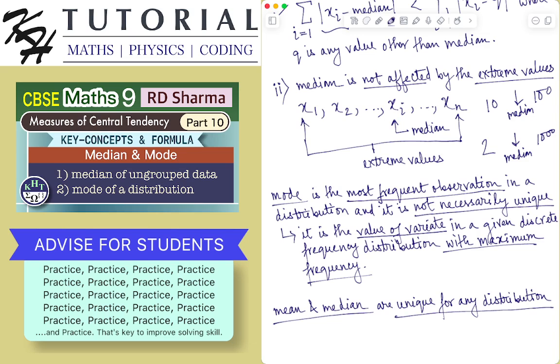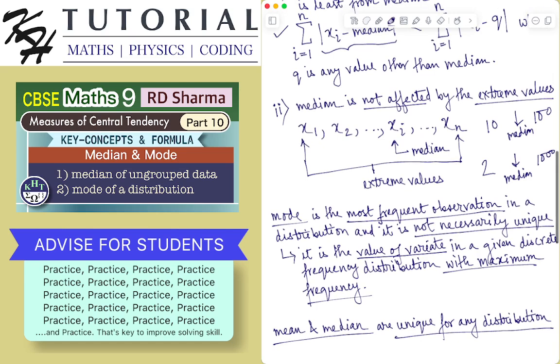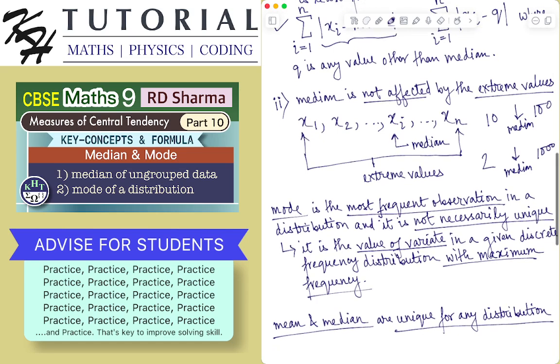I am not going to solve any problem. I hope I was able to explain the concept of mode and median and how we find mode and median in a given distribution.